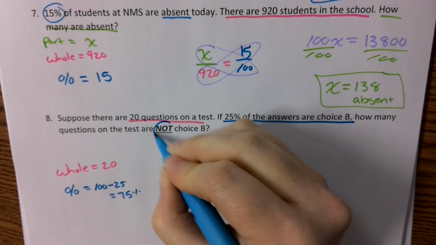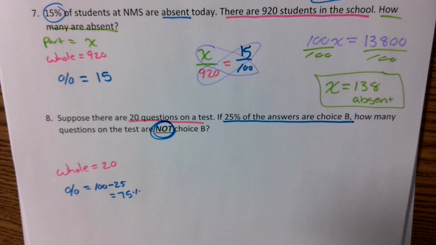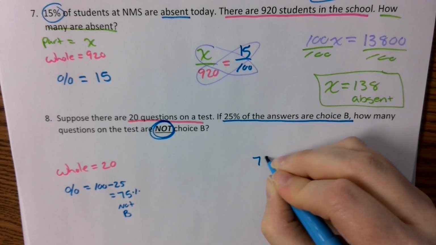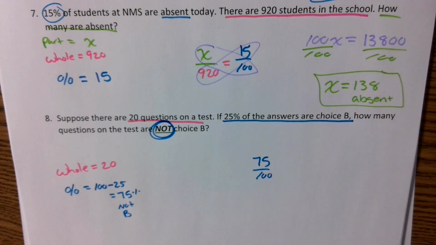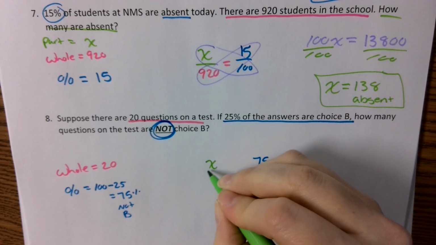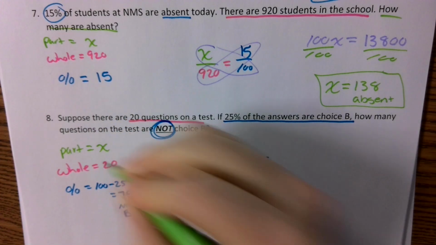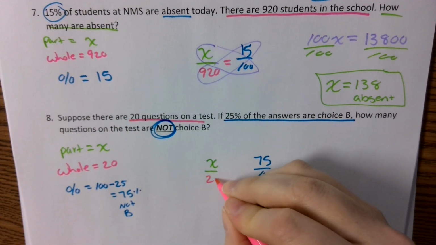Because we do not want to have answer choice B. So 75% are not B. So we would do 75 over 100. And then we're going to do x, because we don't know how many, that's our part, over 20.